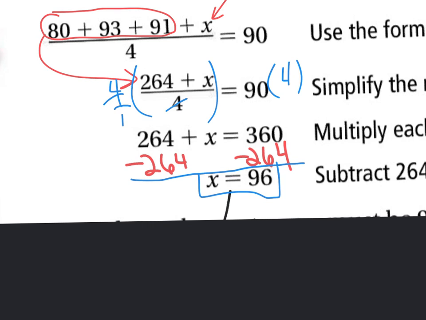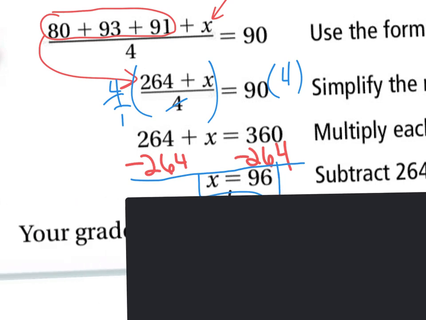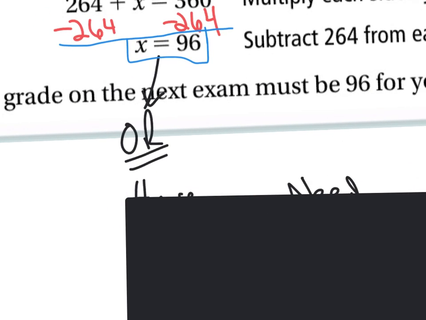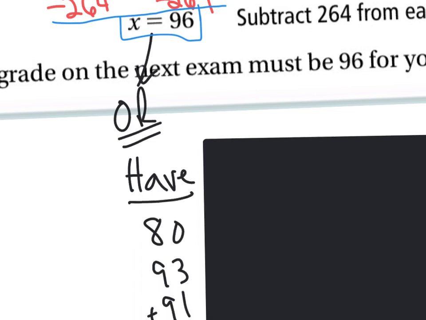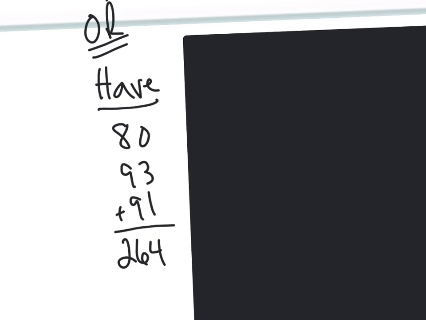But for right now, I will show you a different method you can use if you want to. So another method to try to work this out is we can look at what we have. So these are the scores we've gotten so far: 80, 93, and 91. So we've got 264 points so far. We're wanting to get an average of 90.